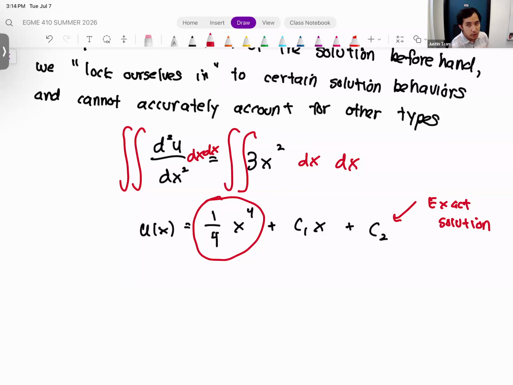A 1D differential equation we can solve exactly just because it's simple enough. Most of the time, for most problems that we're going to solve with FEA, the exact solution is not available to us. If it was available, there's no point in running FEA because we can get the exact solution. I'm only using this as an example to illustrate the shortcomings of an approximate solution that FEA is going to produce.